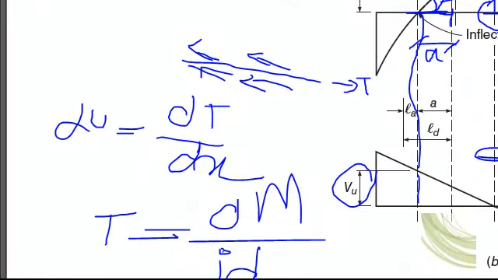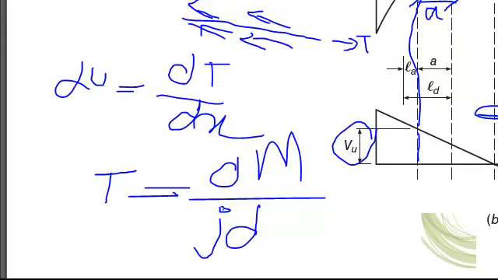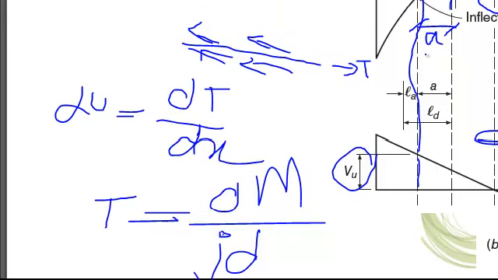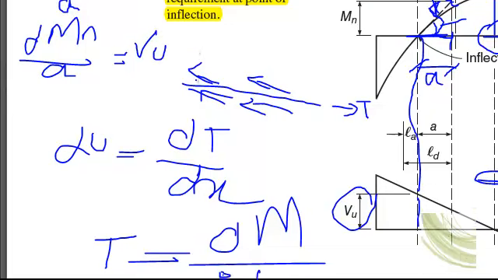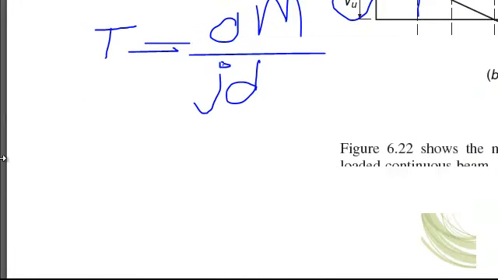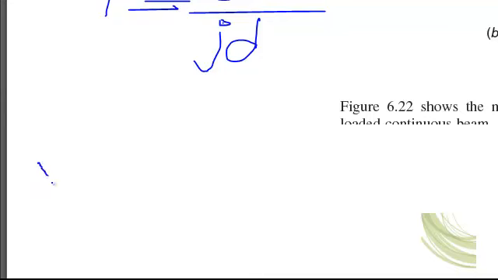So we already say that the change in moment with respect to change in length is basically equal to shear. So dMn divided by a comes out to be the shear.